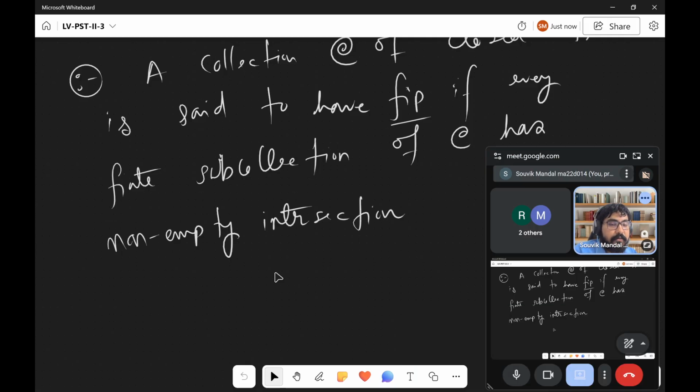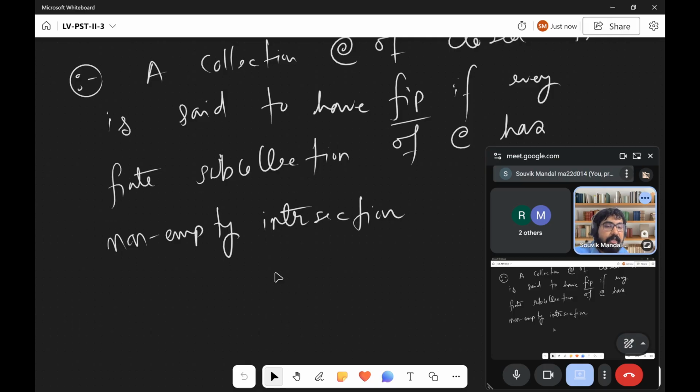That's what finite intersection property means.